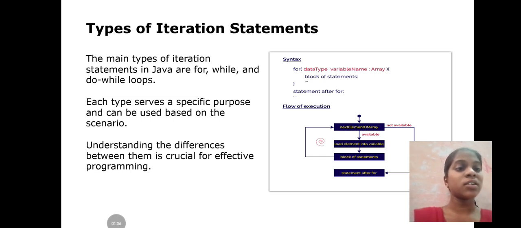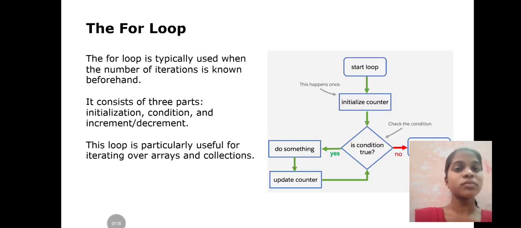Here is the syntax: for, data type, variable name, array, block of statements, after for flow of execution. The for loop is typically used when the number of iterations is known beforehand.